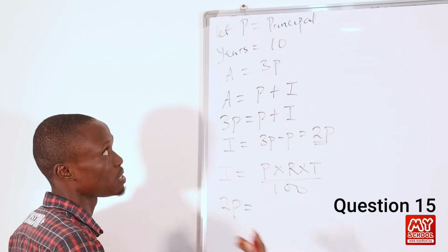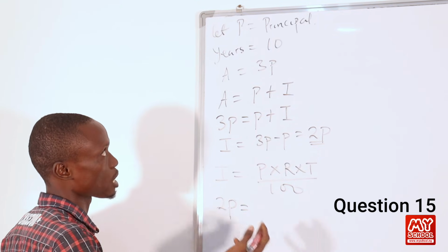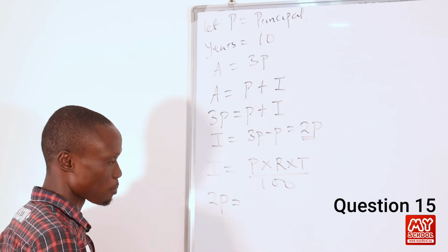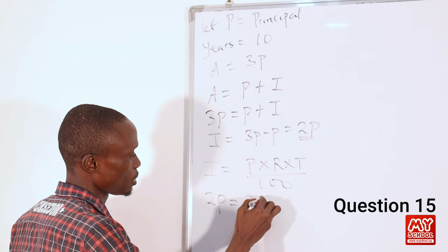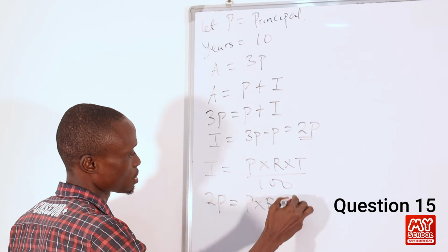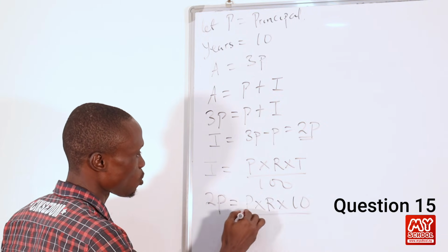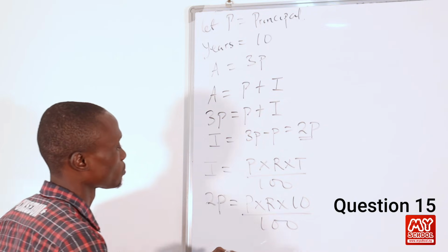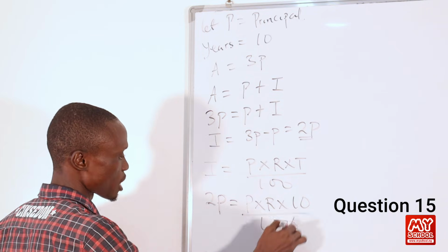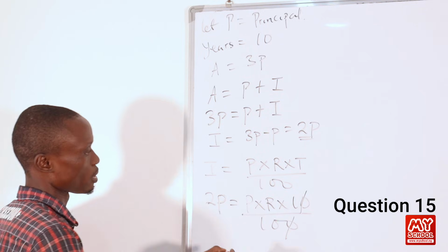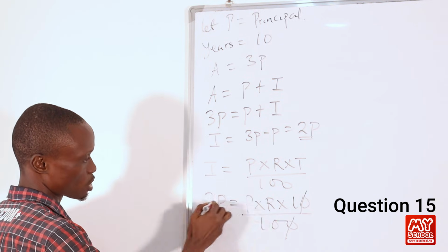Then our principal still remains the same because this P actually stands for the money deposited. Okay, so P times rate times time, which is 10 according to the question, after 10 years, all over 100. Okay, so we cancel out 0 here, so that we cross multiply.